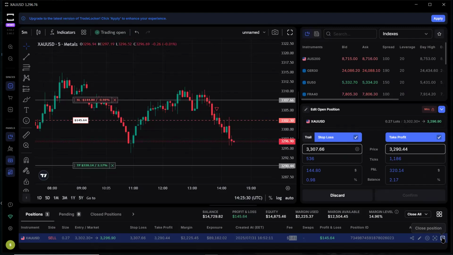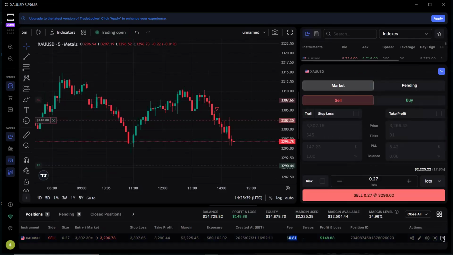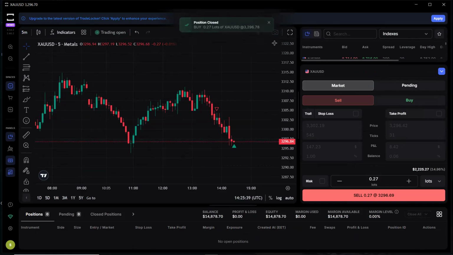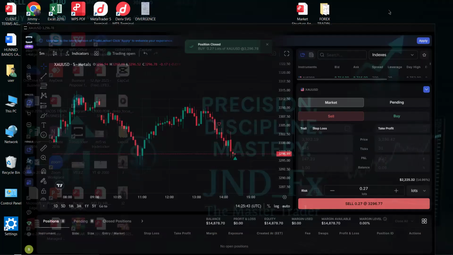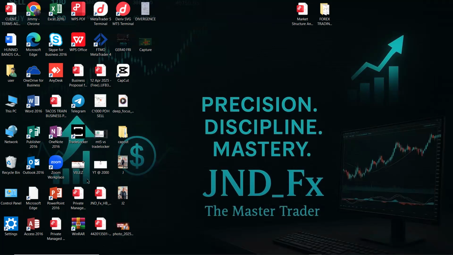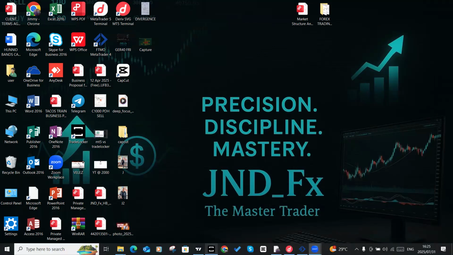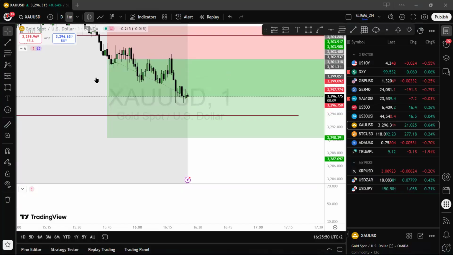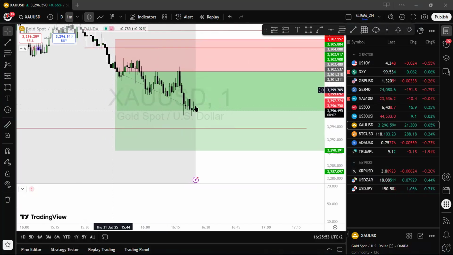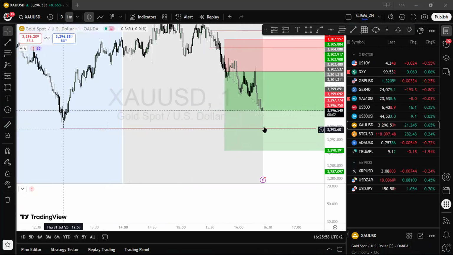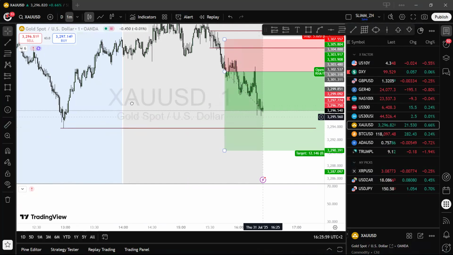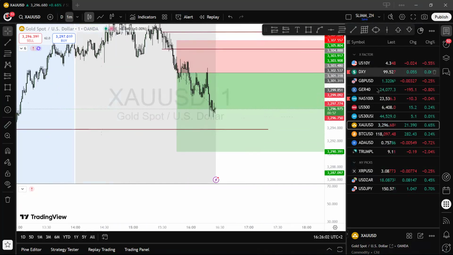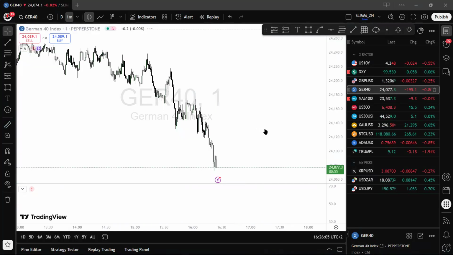Let me see how much we are on. Okay, I'll take the 1% on gold as well, considering the fact that it's pre-NFP, literally anything could happen, and I'll be happy to take 1% from this setup. We almost hit this low which we had marked, the London lows, so I'll just take my profits there. And we also managed to take 1% from German 40.